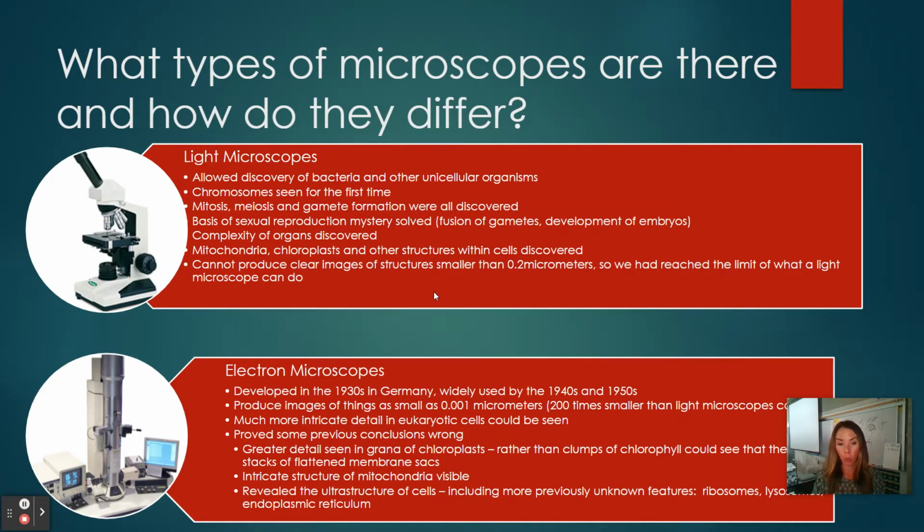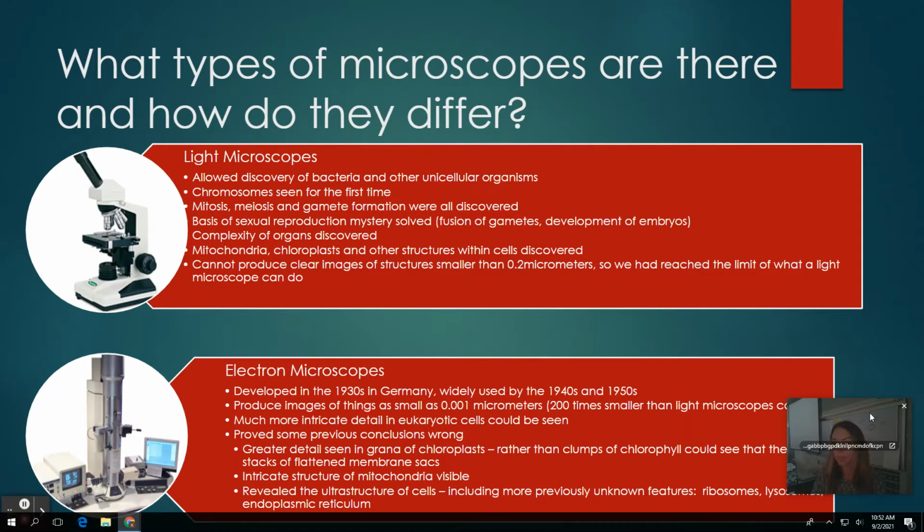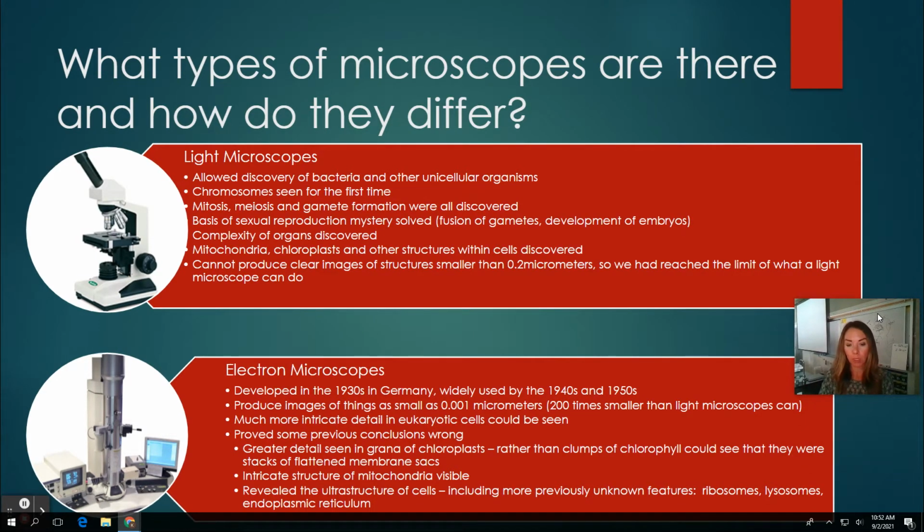So the electron microscope, 1930s, produces images as small as 0.001 micrometers, right? So that's 200 times smaller than the light microscope, and a lot more detail. Because of those changes in technology, it proved some older theories wrong, right? We talked about how, as things change over time and we get more information and more technology, that changes what we knew.